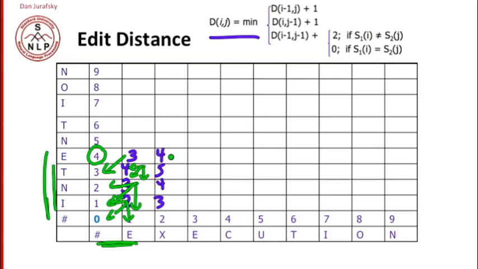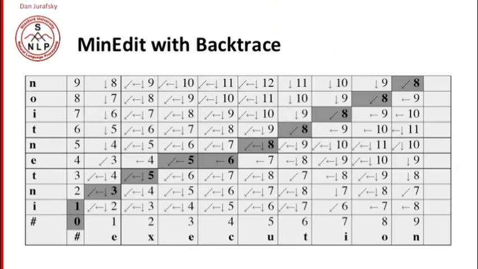So while in some cases a cell came from many places, in this case it unambiguously came from this previous 3. And so we're going to do this for every cell in the array, and the result will look something like this, where we have for every cell every place it could have come from. And you'll see that in a lot of cases any path could have worked, so this 6 could have come from any place, but crucially this final alignment, this 8, that tells us the final edit distance between intention and execution, our traceback tells us it came from the best alignment between intentio and executio, which came from the best alignment from intenti, from executi, and so on.